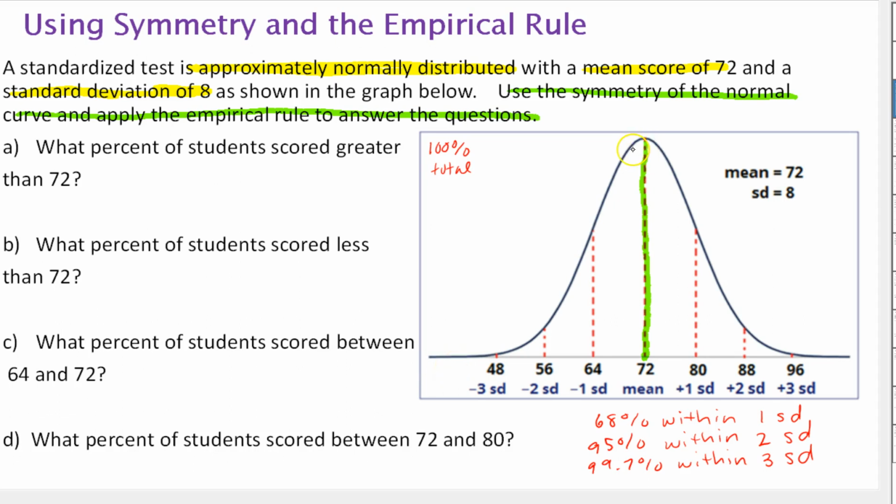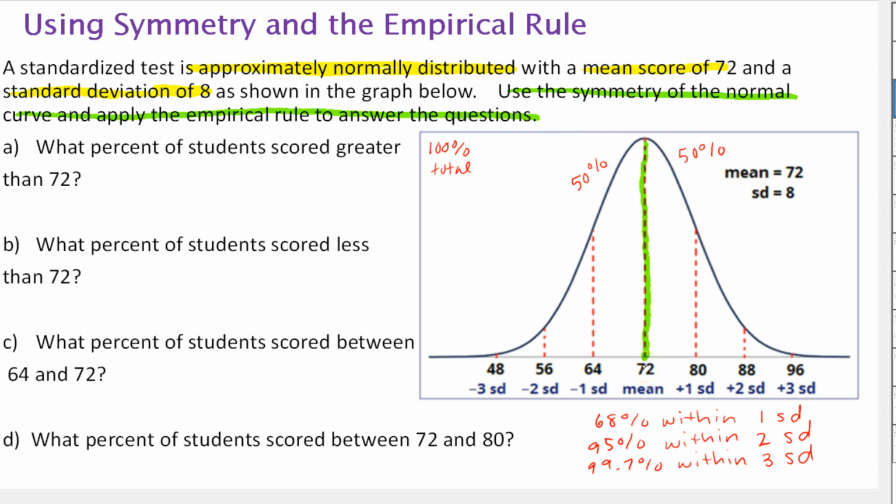Okay, so now if this splits the graph down the middle, that means that these two sides have equal area. So that would be 50% lie to the left of 72 and 50% lie to the right of 72. And notice that also matches the idea that if we have a symmetric distribution, the three measures of center are equal.